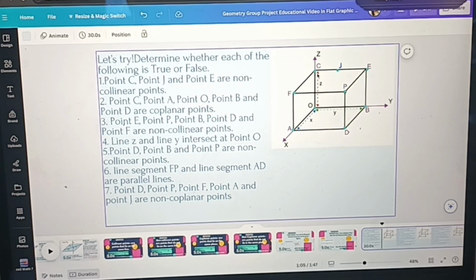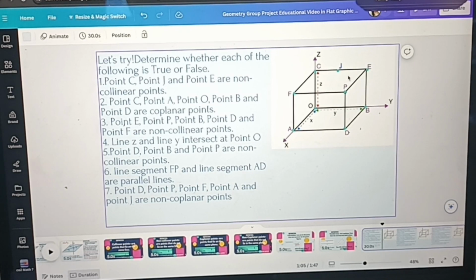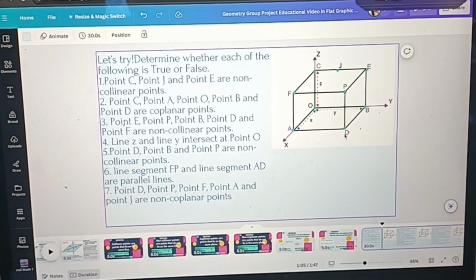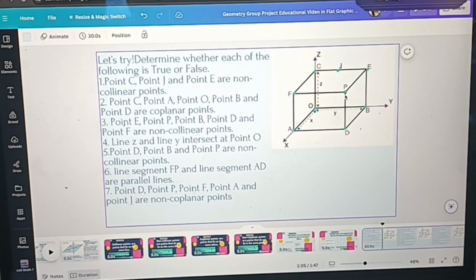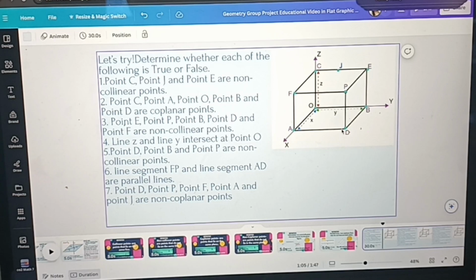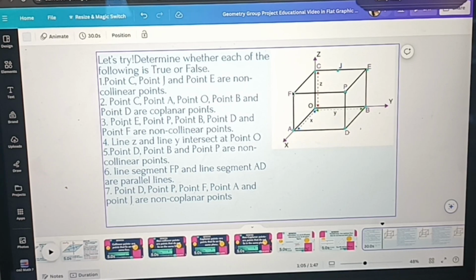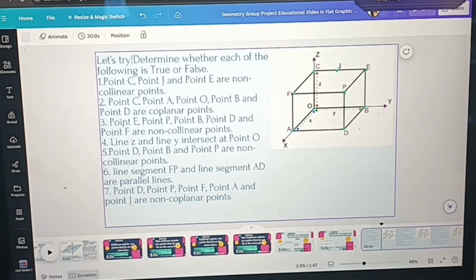Point C, point A, point O, point B, this one, and point D, this one, are coplanar points. Number 3, point E, point P, point O, point D, and point F, where's the point F here, this one, are non-collinear points.